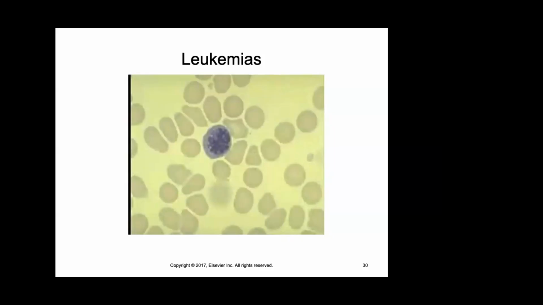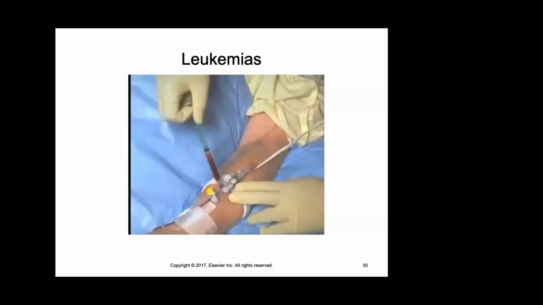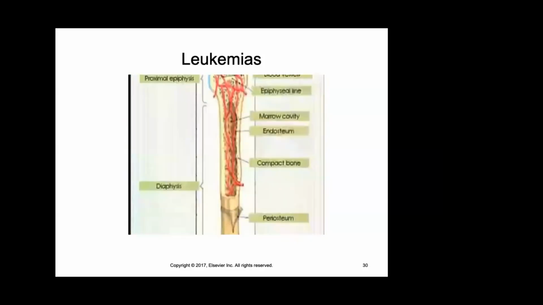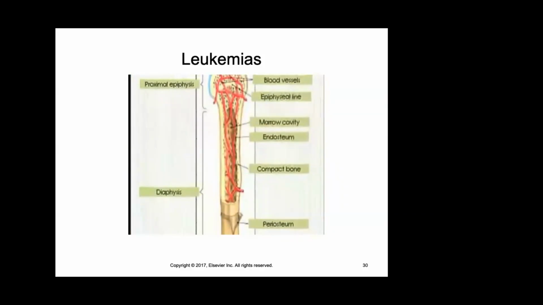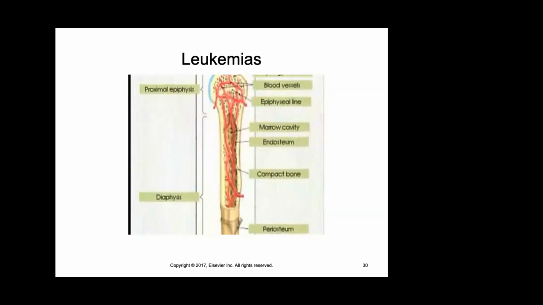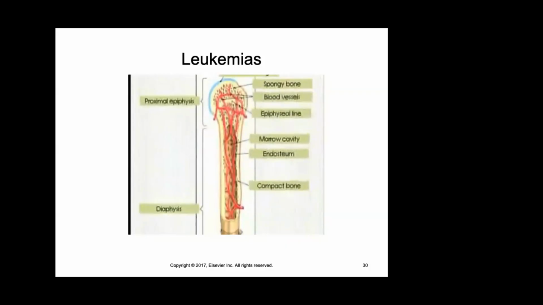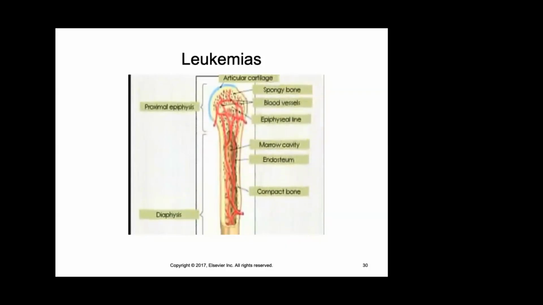There are 4 major types of leukemia. Acute lymphocytic leukemia is a life-threatening disease in which the cells that normally develop into lymphocytes become cancerous and rapidly replace normal cells in the bone marrow. It most often affects children between the ages of 3 and 5, but can also affect adolescents and adults.